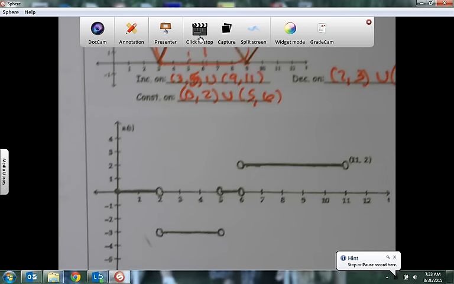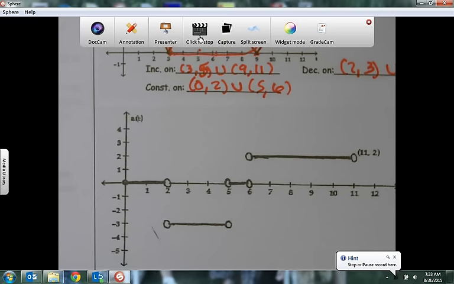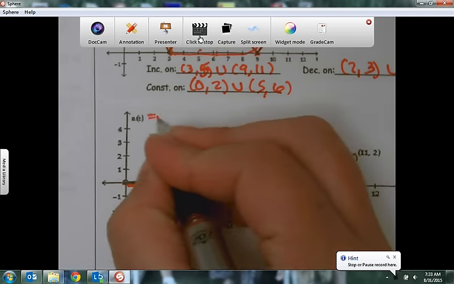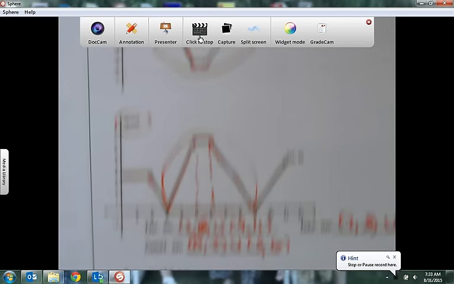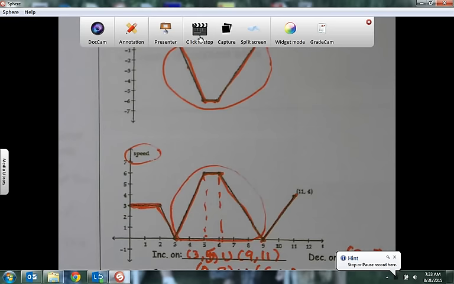Now this graph is the acceleration function. And here I can see acceleration is 0. Well, remember that acceleration is the derivative of the velocity. Because acceleration is the derivative of the velocity, let's look back here. From 1 to 2, I can see that my velocity, or speed, was constant.